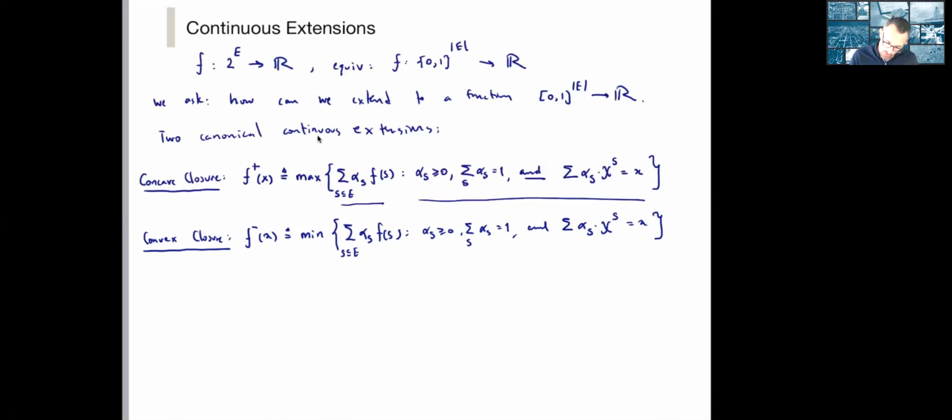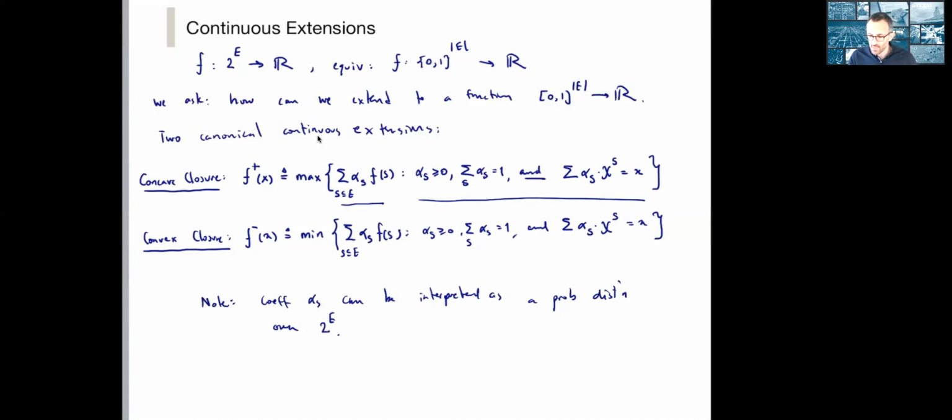So again, let me just write out this observation that the coefficients alpha s can be interpreted as a probability distribution over all of these subsets whose expectation is x.